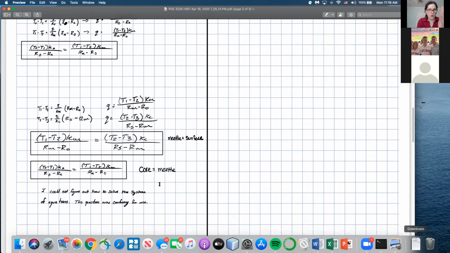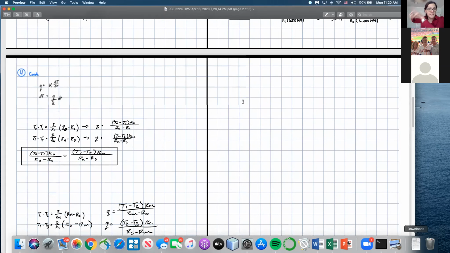So you want to do core minus first one, then the first one minus second one, and second one minus third one. When you stack those equations up, you can express T of the innermost one, core, minus T of the next one. And then T of the next one minus the next one is equal to something. So when you add those equations up, you will get core minus the outermost one.